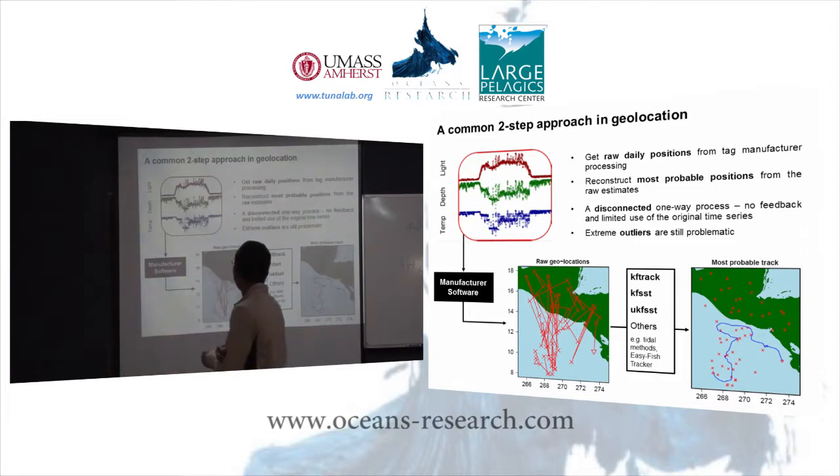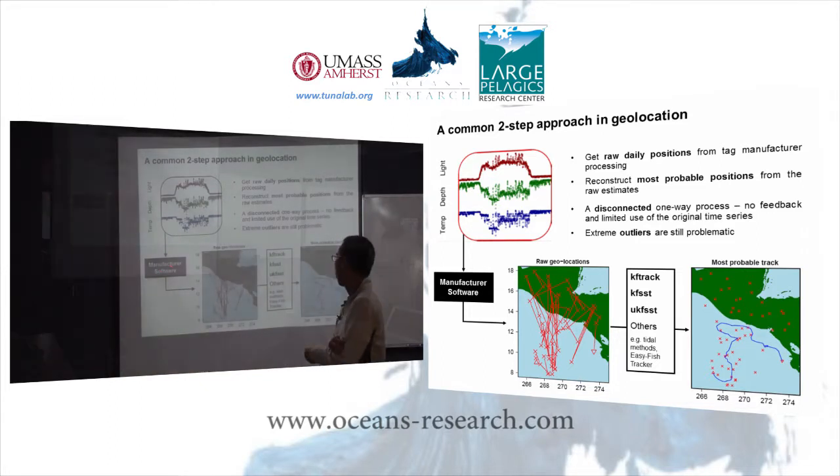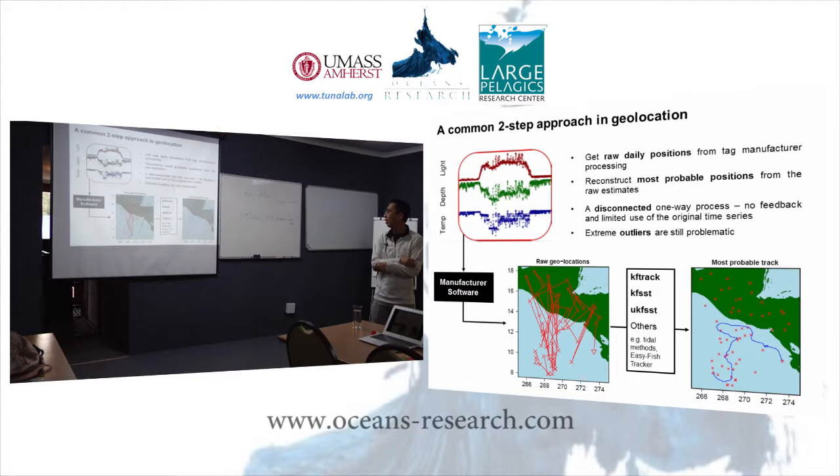It's a two-step process. You have to start out from some manufacturer software and get the first cut of the positions. When you have really noisy positions, you use KFtrack or things we have been working with so far to get a handle on it. And of course, there are all the other methods that I alluded to at first in the first presentation.